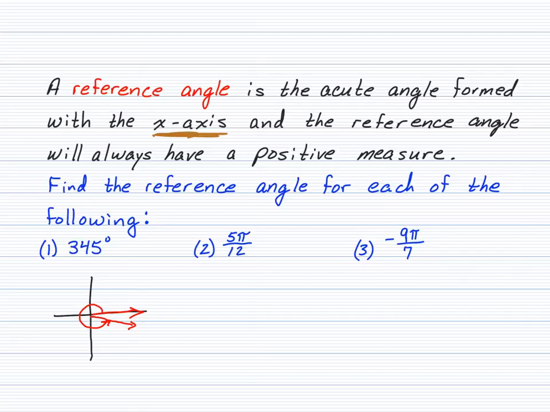Well, the reference angle is the acute angle formed with the x-axis. That's this angle right here. And this angle right here, if the whole thing out here was 345, what's left over is going to be 15 degrees, because 345 plus the 15 would put us back at 360 degrees.